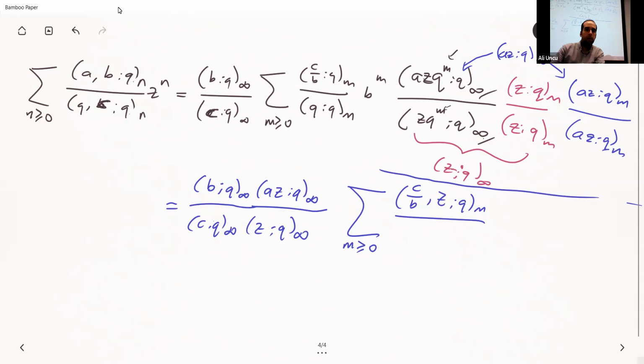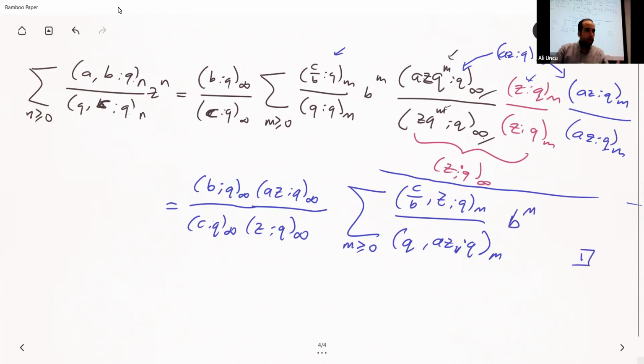Right, we use this q-Pochhammer, we use that q-Pochhammer, but this one and that one stayed inside. Still, they're there. They have the subscript m. And (q;q)_m, we have that, and we have (az;q)_m. And the q-factor that we see is b to the power m.